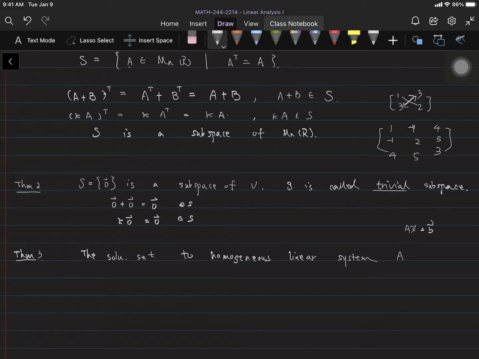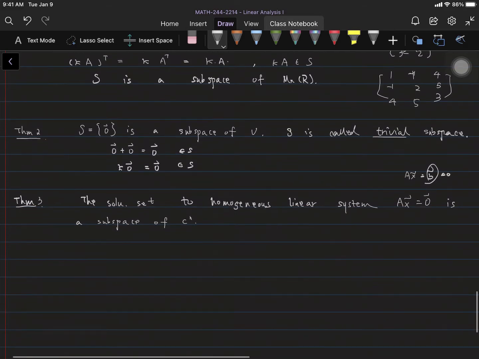If the right side equals 0, that means it is homogeneous. So it should be like this: the solution set of AX equals 0 is a subspace of Cn.